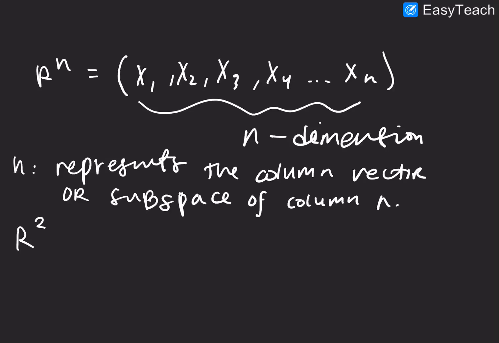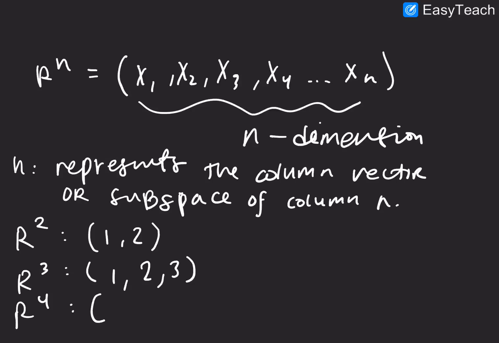You'll have R2, which will basically have two components. If you have R3, you will have three components. R4, you guessed it, 25 components. Just kidding. It's going to have 4 components. That's all it's saying.